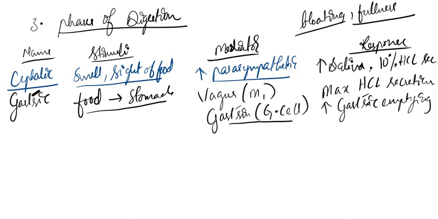Why? Because if there is any imbalance in the diet, or in these mechanisms, it leads to food stasis, causing bloating or fullness of the stomach. See, this is the beauty of physiology. If you know the physiology, you can easily understand the pathology and medicine, both subjects. That is the fun behind the physiology explanation.